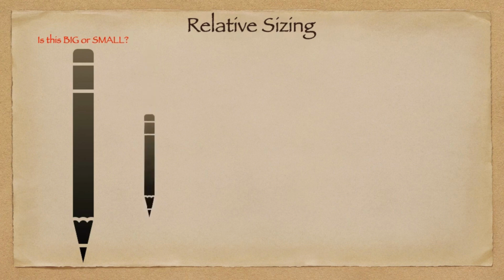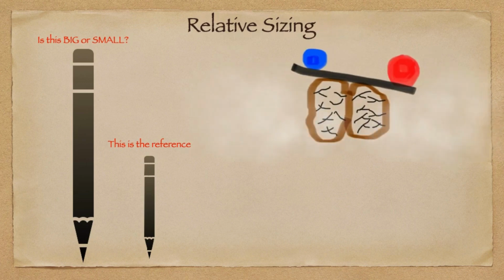For example, here is a smaller pencil. Compared to the smaller one, the first one I showed is definitely bigger, right? The human brain is equipped in such a way that anything done by comparison is closer to reality.